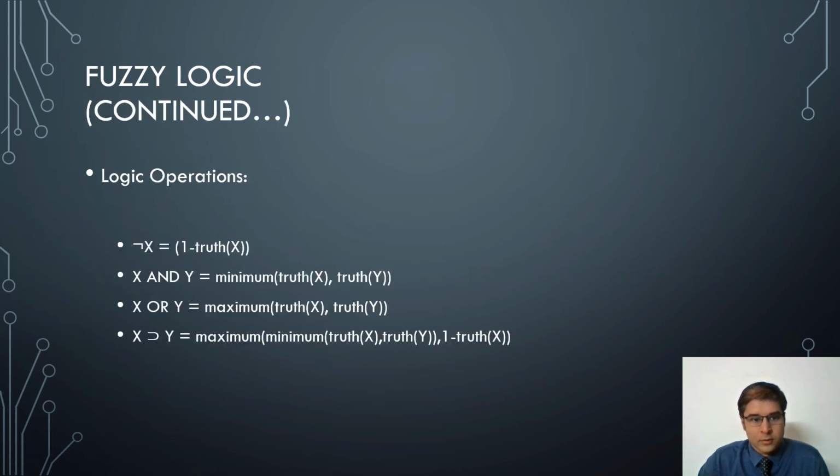Now we move on to logic operations. So before that I'll clear what is meant by truth of x here. Truth of x is the fuzzy value I was talking about in the previous slide. That will be a decimal value mostly.